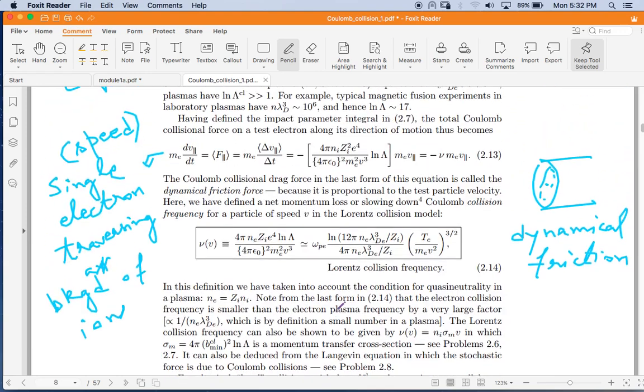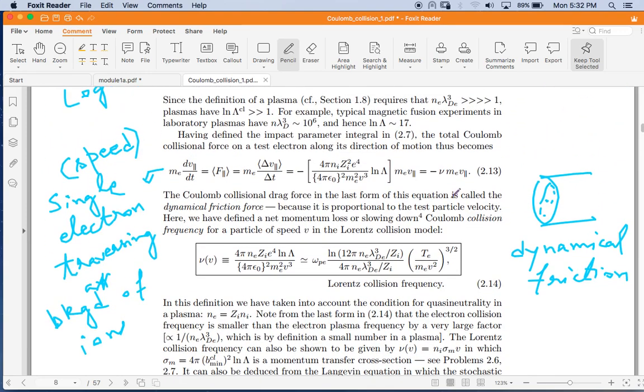If you look here, there's a V parallel already, and we are loosely interchanging between V parallel and V. It's pretty much the same thing for our purposes, because V is taken to be pretty much V parallel.